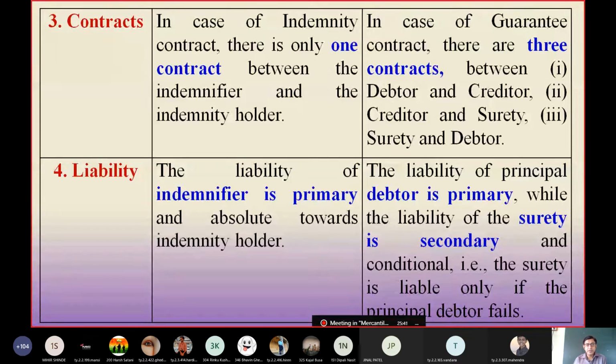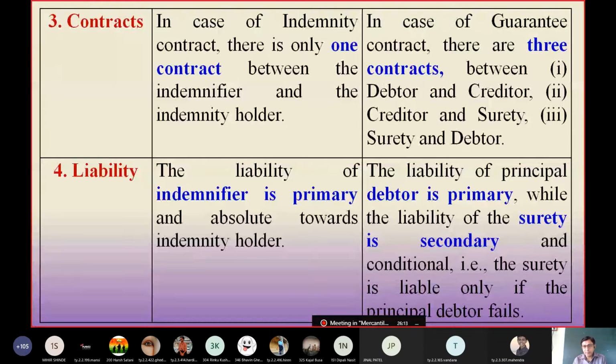It will help you compensate your losses. Like this, the insurance company, as a promisor and indemnifier, has primary and absolute liability towards the insurance policy holder, that is the indemnity holder. The insurance company is liable to pay the policy holder in the event that any loss is suffered.